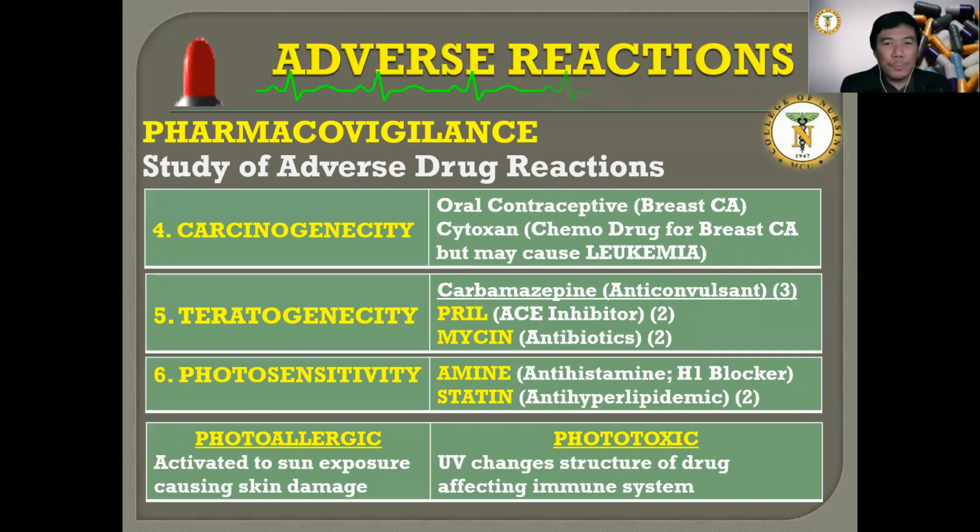Now, another drug that is carcinogenic, meaning a drug, can you imagine, used for cancer that may cause another cancer. This is cytoxan. Cytoxan is a chemo drug for breast cancer. Eventually this chemo drug may also cause leukemia. If we talk about leukemia, from the terms, leuko is white blood cell, emia is blood.